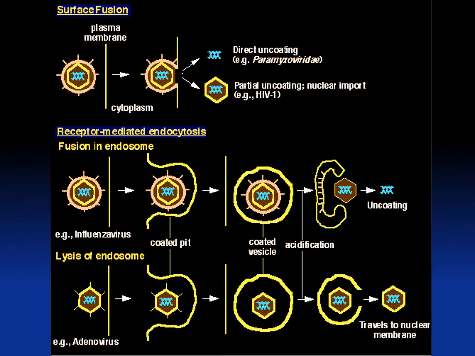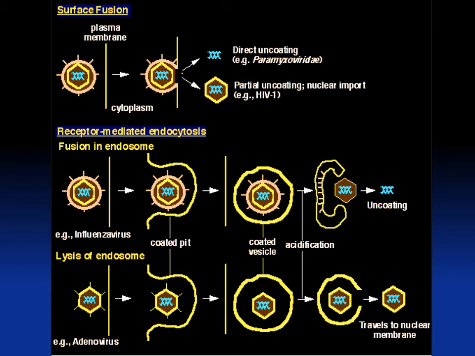As you can see in this diagram, there are different ways of entry. First of all, there is what we call surface fusion, where the virus fuses with the surface of the host, simply because both the surface of the host and the virus particle are made of the same proteins or envelopes, so they can fuse together easily.